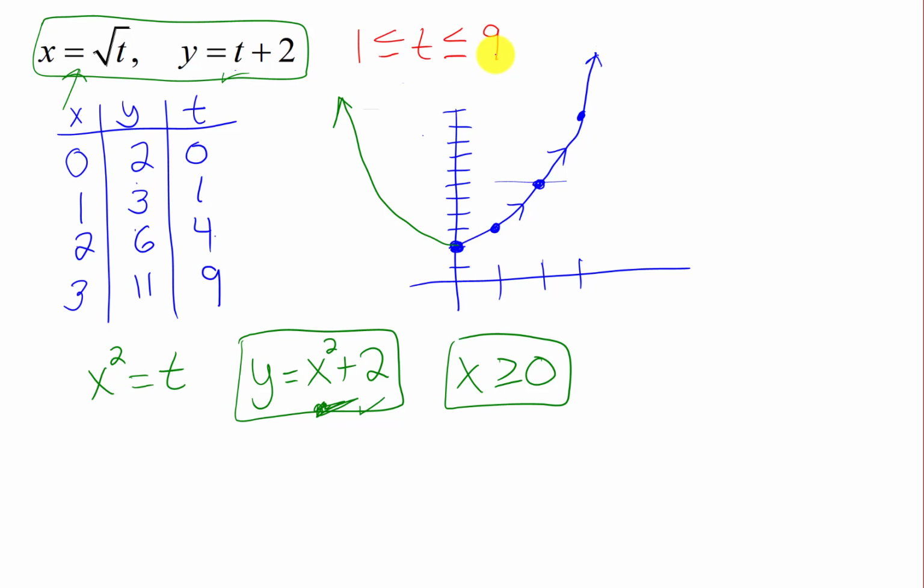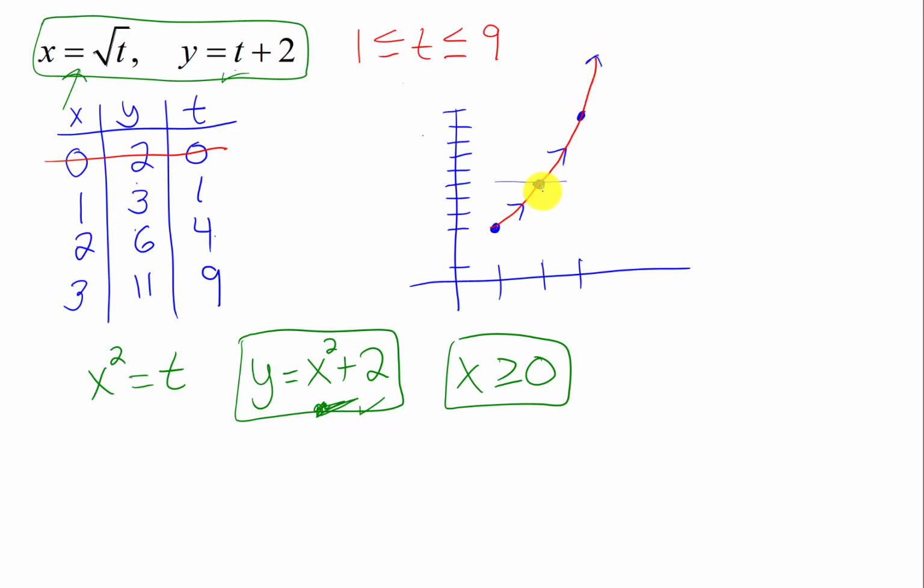So when we went to get this graph, we would not have this one here because we would just do from 1 to 9. And so in modifying our graph, I'm going to take off that first point. And so the graph in this particular case, maybe I'll leave it in red so that you can see it clearly with the restriction. It's this piece of the parabola like this.